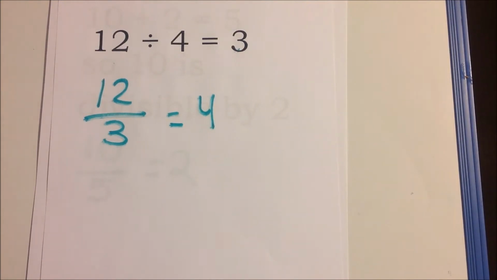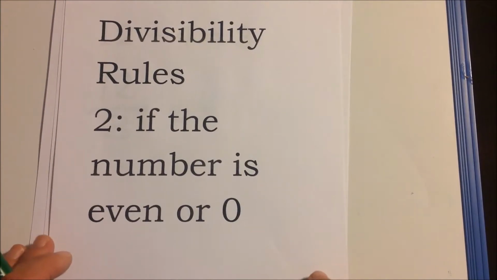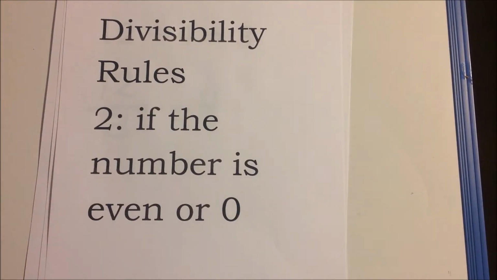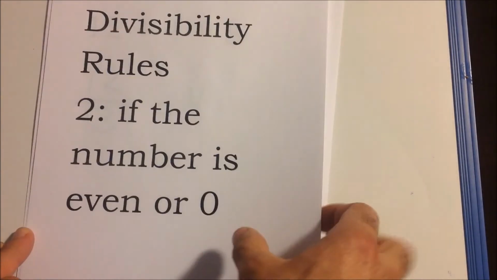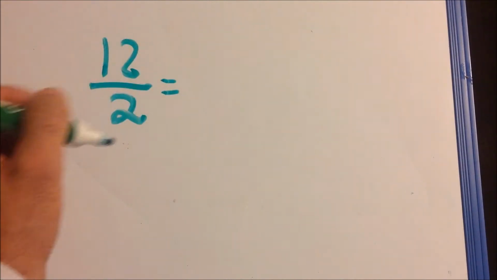The first one is easy. Let's say we're using the number 2. We know if the number is even or 0, then 2 goes into it. For example, 12 divided by 2: we know that 12 is even, so you'll get no remainder.